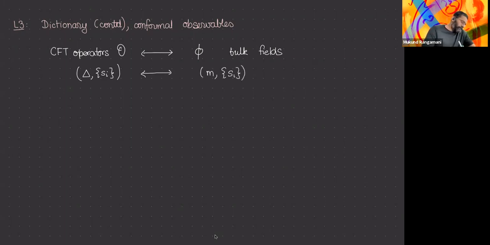And the relation between delta and M can be determined from just the Gaussian limit.